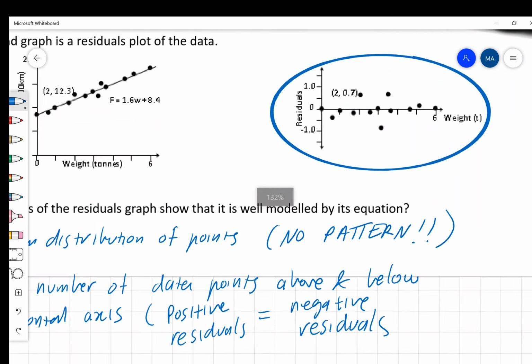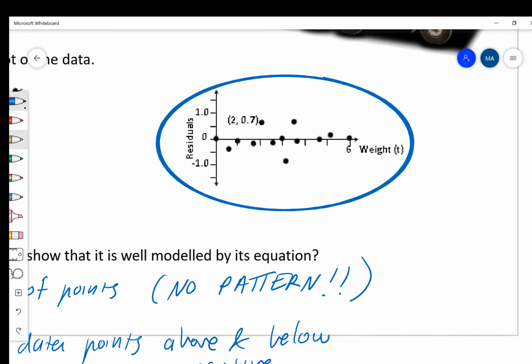So for instance, we count all the positive residuals up here. We've got 1, 2, 3, that one's just positive, maybe that one 2, and maybe that one as well is just positive. They're sort of sitting on the line but just up a little bit, so they're most likely positive. These ones are all negative, sitting just down below the line. So we want the same number of each, or as close to the same number as we can get. Ideally exactly the same number above and below that horizontal axis.